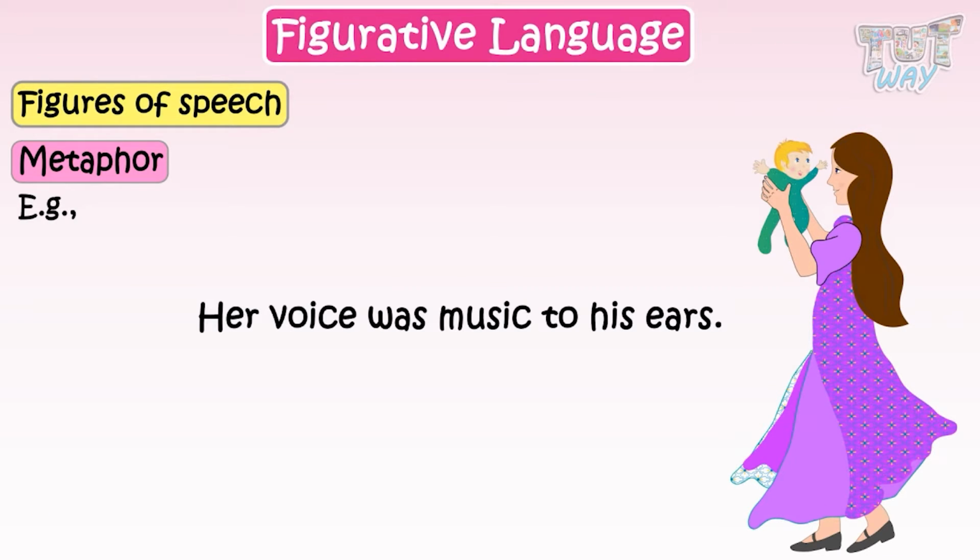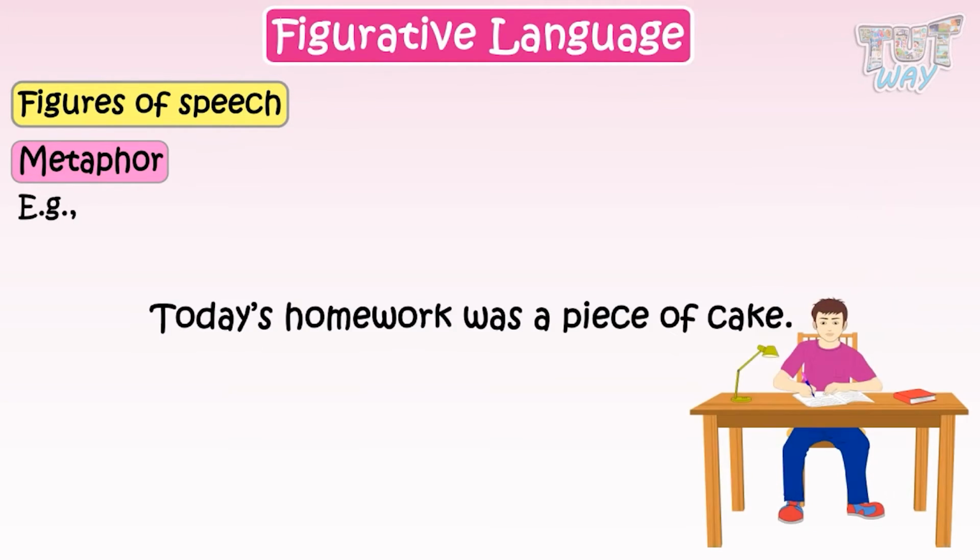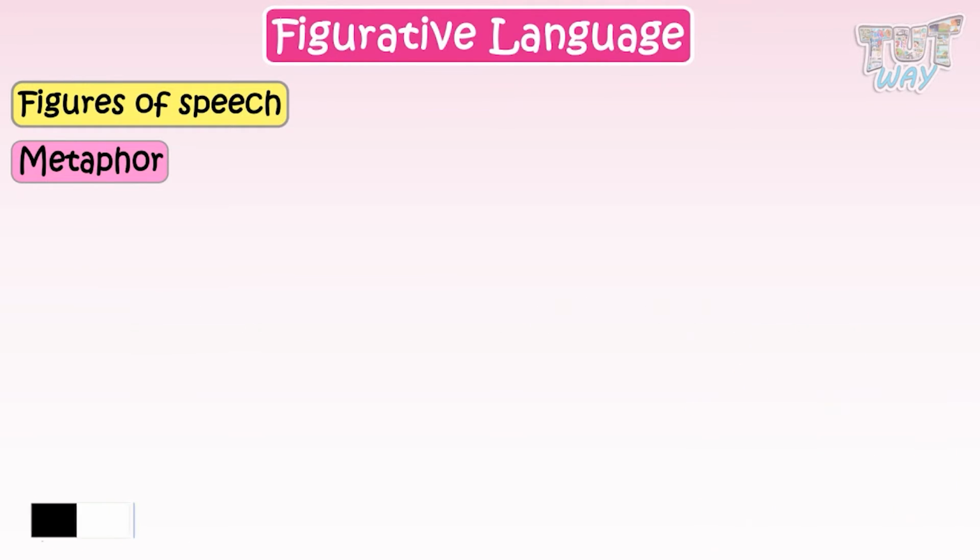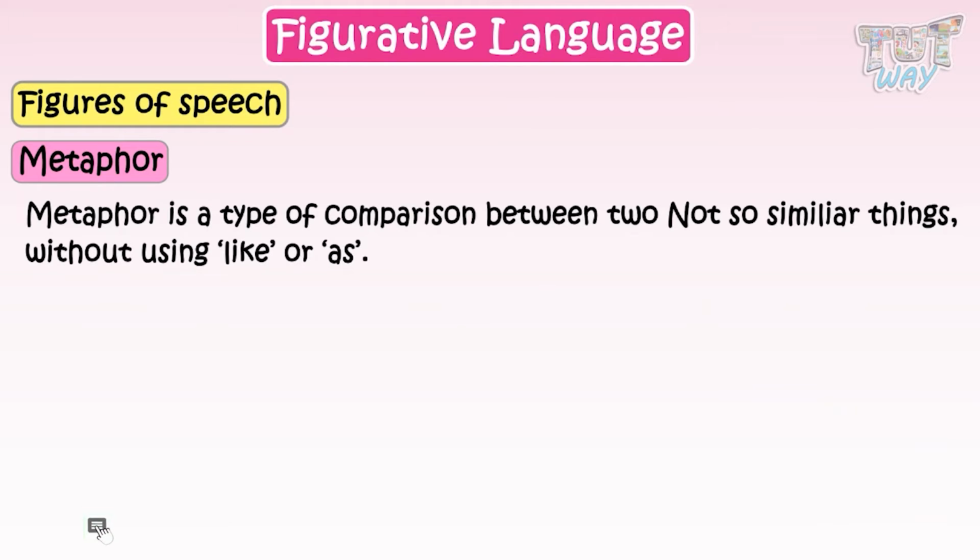Here, it is being suggested that her voice made him happy. Today's homework was a piece of cake. Here, the homework is being compared to a very easy and enjoyable task. So, metaphor is a type of comparison between two not so similar things without using like or as.